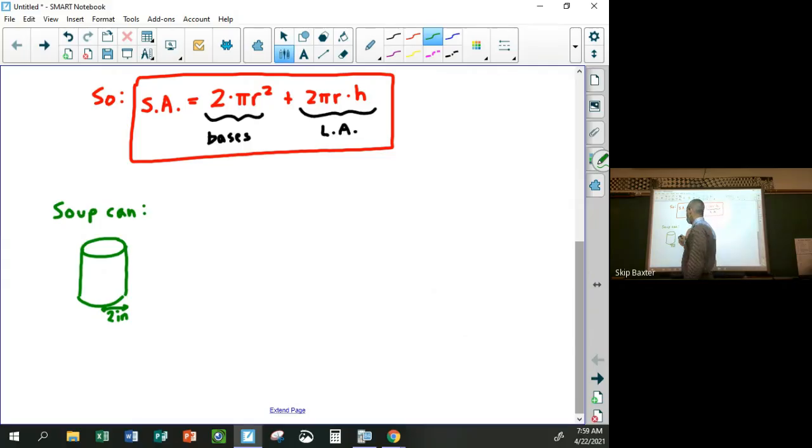And the height of the can is 5 inches. And the question was, how much aluminum is required to make this can?